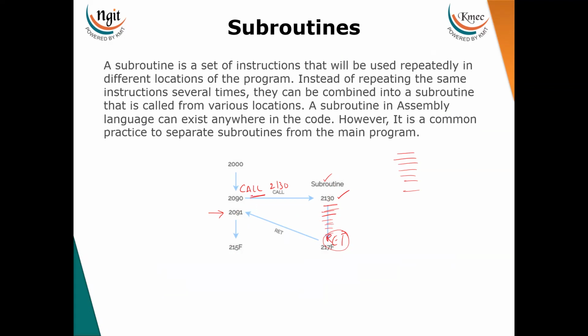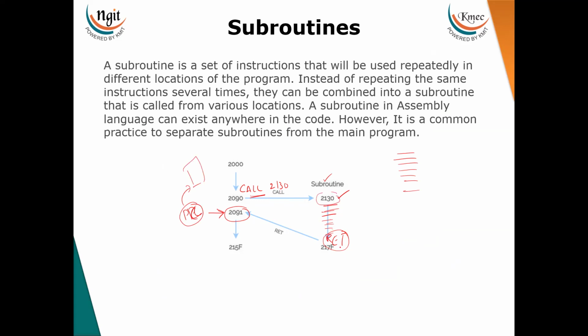Now how does the processor come back to the main program? Whenever the call instruction is executed, the PC is holding the next executable instruction. PC always holds the next executable instruction. Now this PC value is moved onto the stack, and it will jump to 2130 and execute.